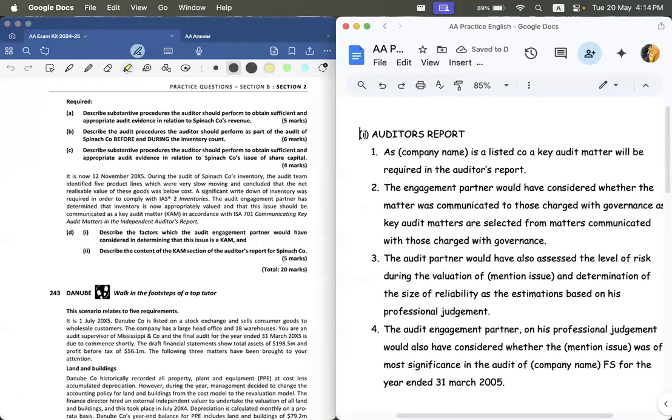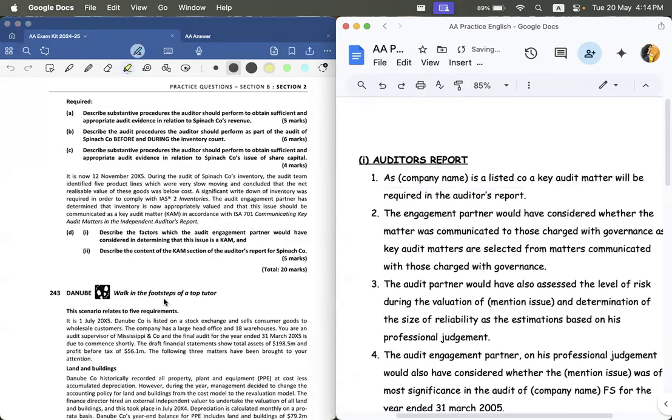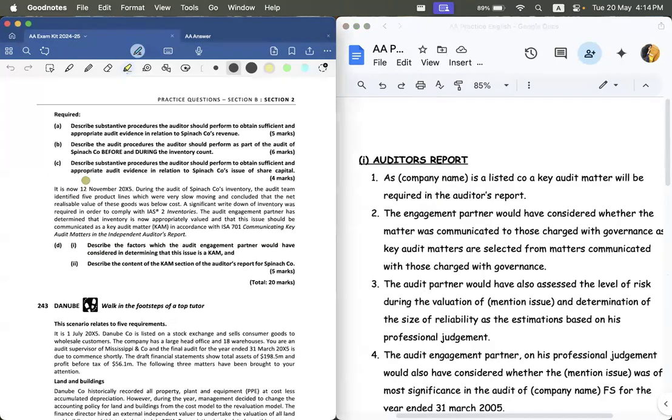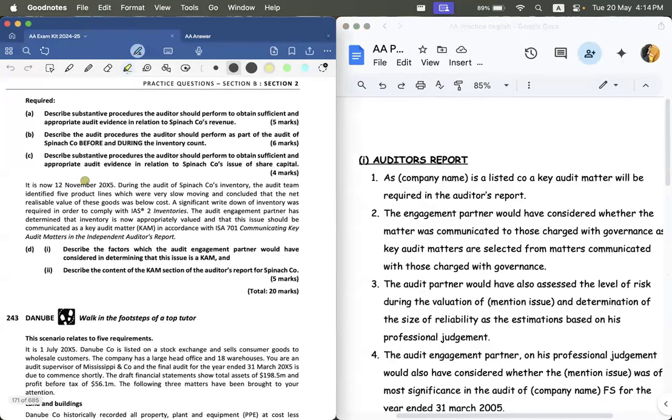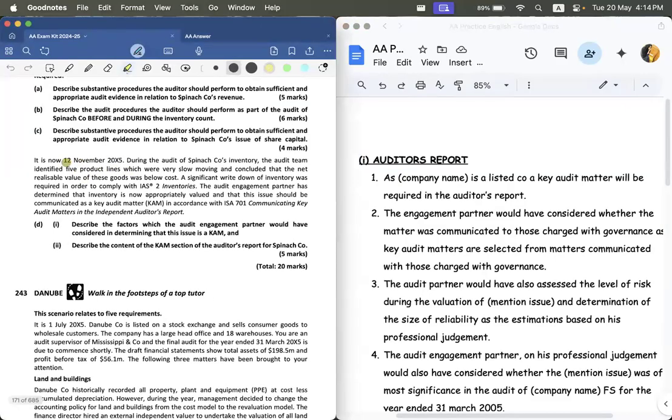Understood? So in the auditor's report, as mentioned here, let's see what they are actually looking towards. It is now 12th November 2005.